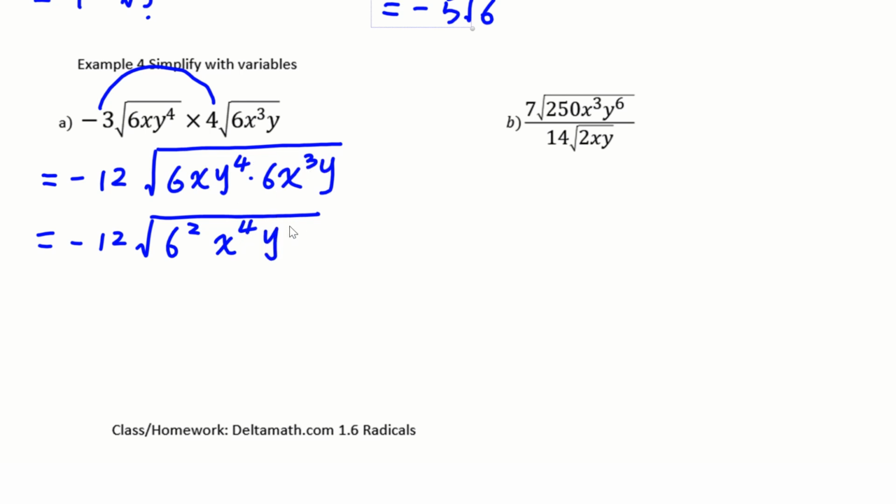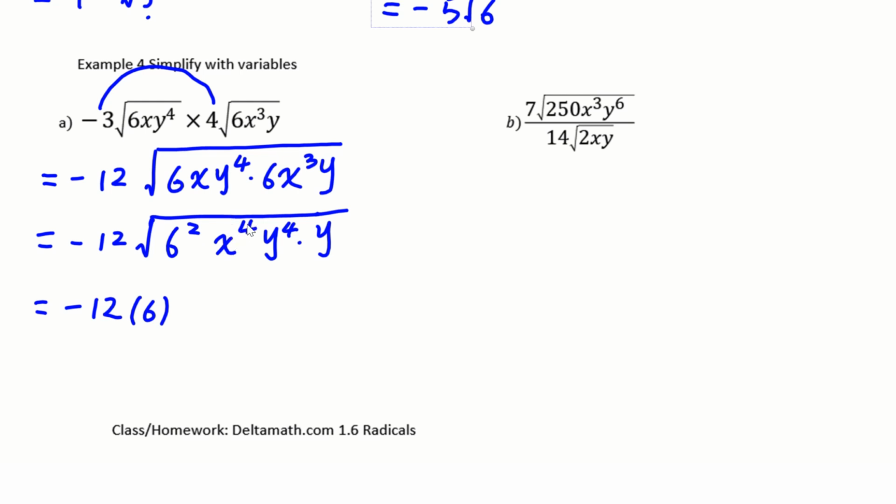For the y, we want to separate it, one with even degree, another one with odd degree. So if this is 3, we need to take out the even degrees, and the odd degree needs to be less than the 2 of the root. Then we have negative 12, square root of 6 squared gives you 6. You can take it out.